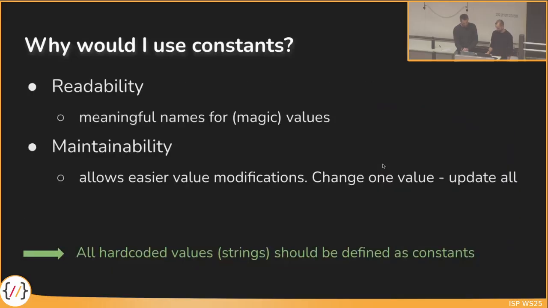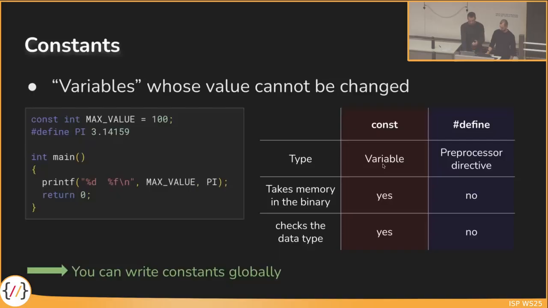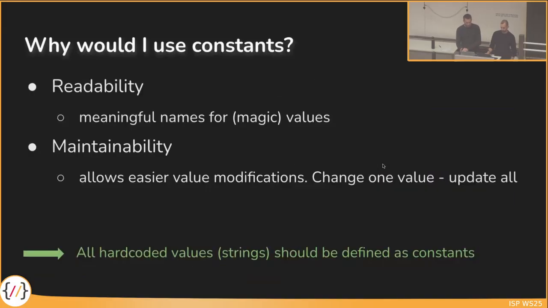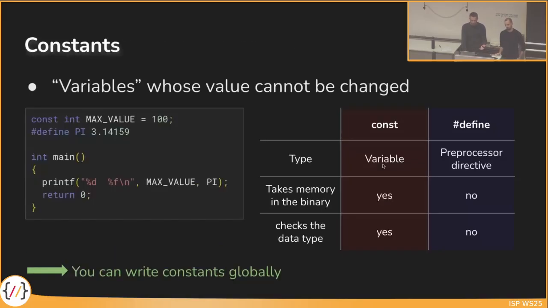Okay, so why would we use constants now? As David just mentioned, you can use them, for example, as global variables, so to speak, but it also could improve the readability of your code because you can give them meaningful names, as in our example before, pi or max value for an array, for example.